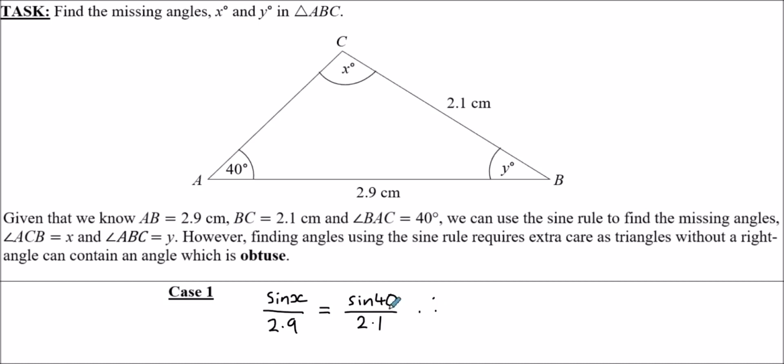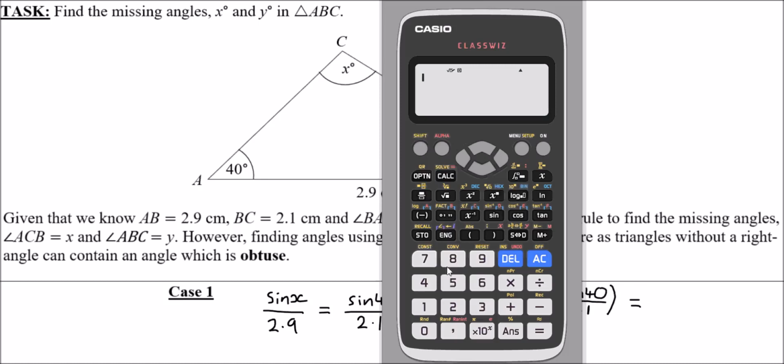Rearranging this, we get that x must be equal to sine minus 1, multiply both sides by 2.9, we get 2.9 sine 40 divided by 2.1, and let's see what that gives us.